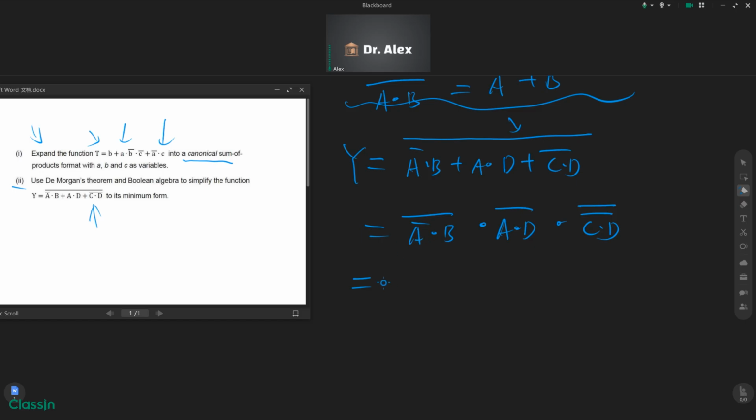The first item can be rewritten like this. The second one is expressed like this.